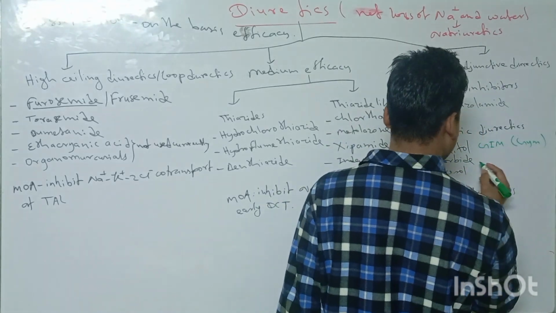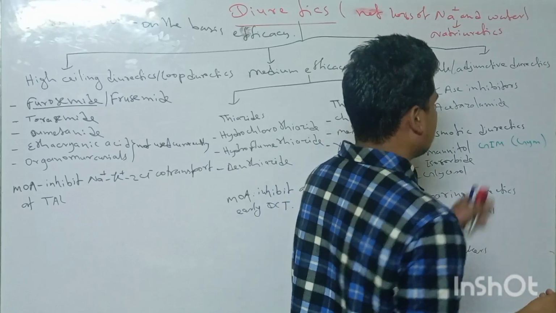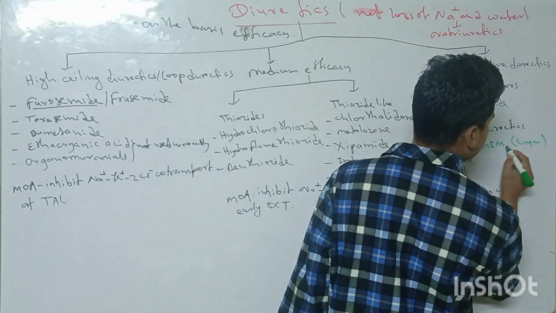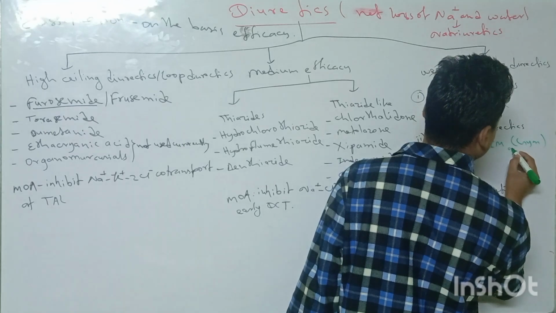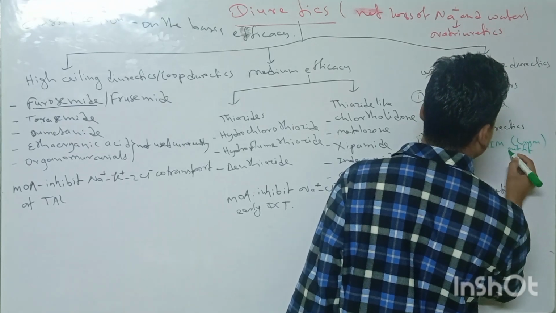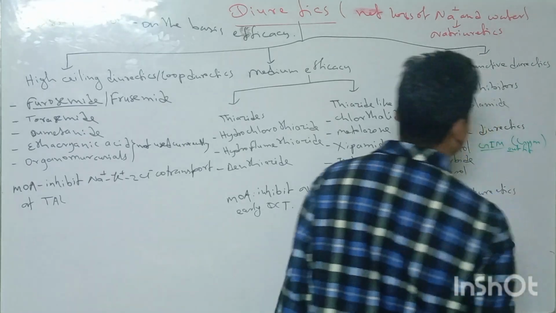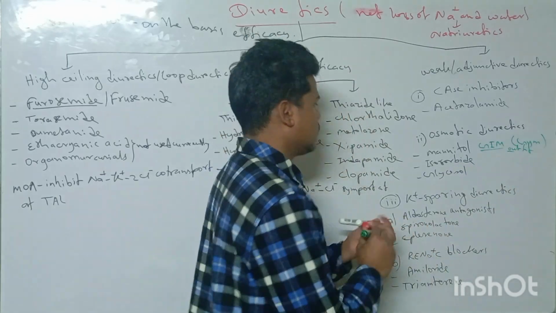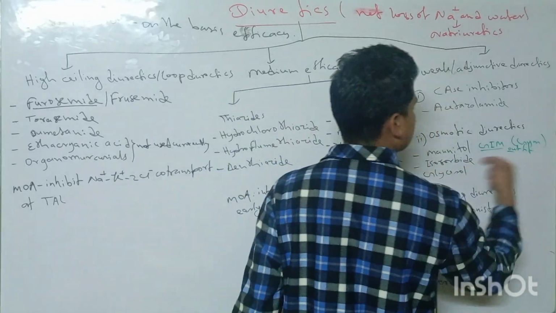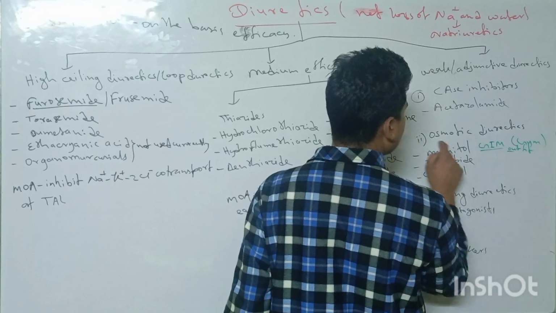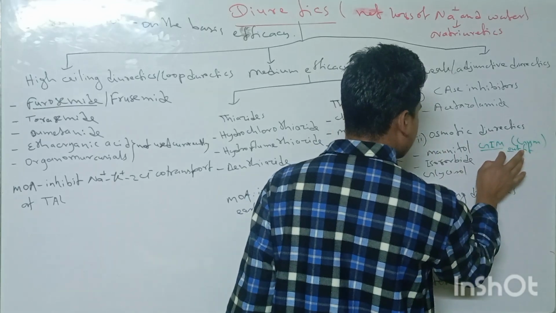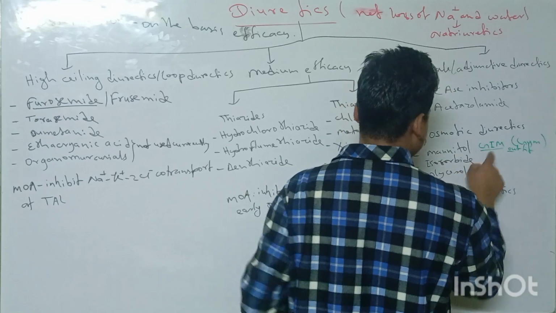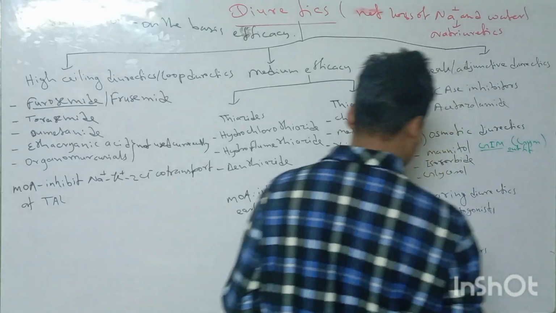And to go to the gym you wear a gym outfit, so remember GIM OUTFIT. From behind forward, O for osmotic diuretics, M mannitol, I for isosorbide, G for glycerol.